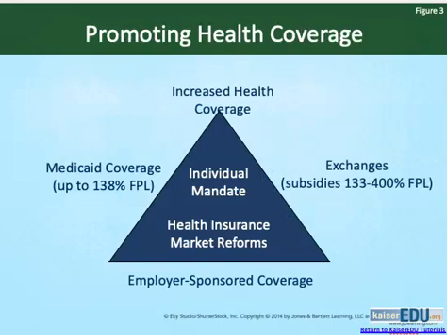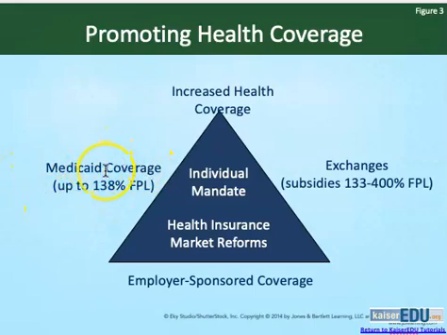The health reform law seeks to expand health coverage by building on the existing public-private system for providing health insurance and filling in the gaps in the current system. So it wants to expand the eligibility for the Medicaid program.